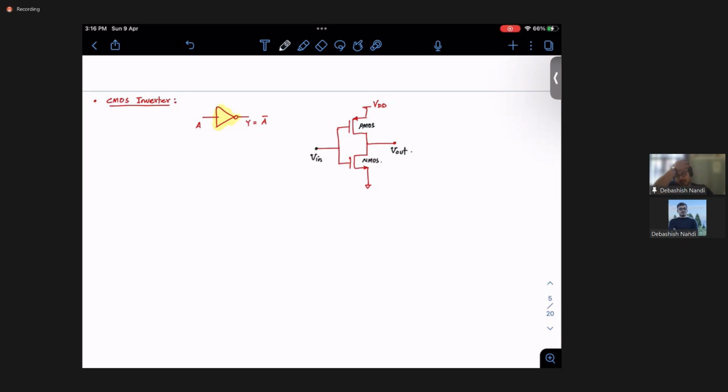Okay, this is your basic inverter block, right? What I mean to say is this entire stuff is the circuit basically. Okay, this is the main inverter circuit. By the way, NOT gate is also called an inverter.